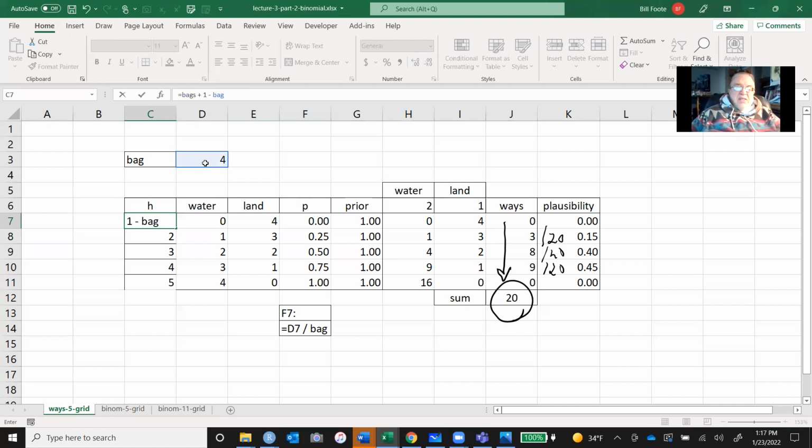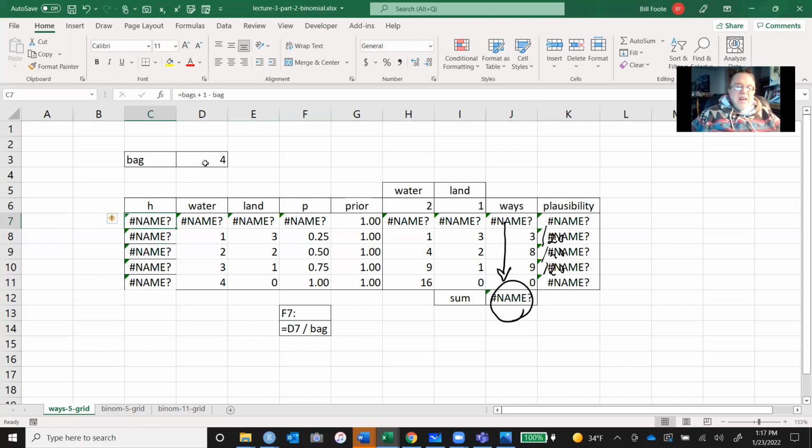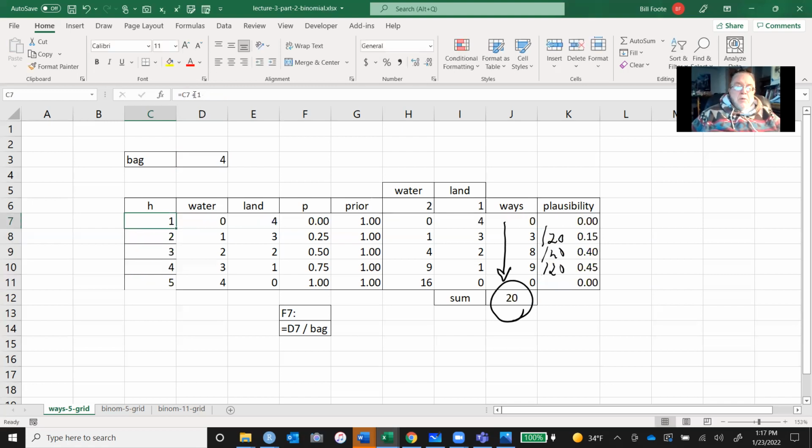Minus bags. Oops. I don't have any bags there. I only have bag. Well, watch what that was. That was good. Let's see. There we go. I mean, otherwise I could just call this 1. Leave bag out of it.